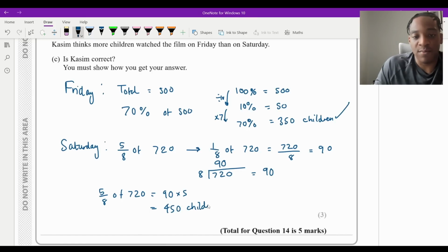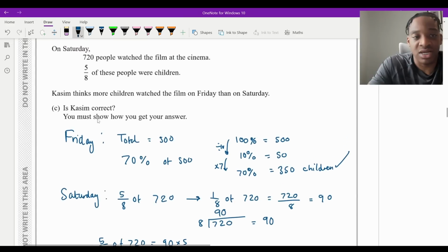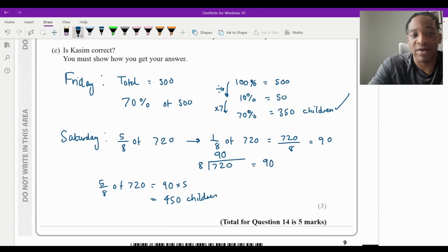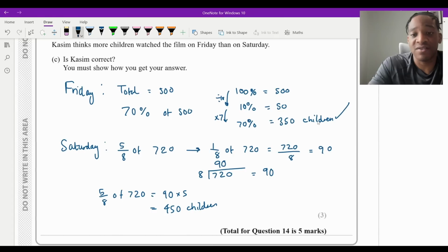So now we know the amount of children that watched the film on Friday, 350, and the amount of children that watched the film on Saturday, 450. Let's go back to what Kasim said. Kasim thinks that more children watched the film on Friday than on Saturday. Is Kasim correct? Well, she's clearly incorrect, right? Because there were 350 children that watched the film on Friday, and there were 100 more on Saturday.